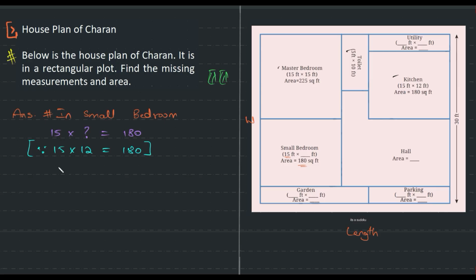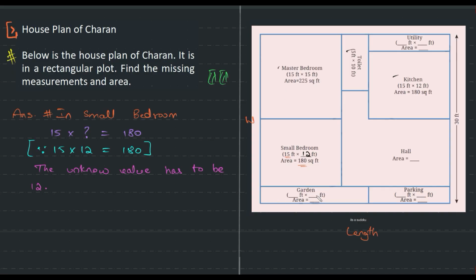See, this unknown value has to be 12. This has to be 12. Okay, anything else? No, nothing else is given. Yeah, that's it.